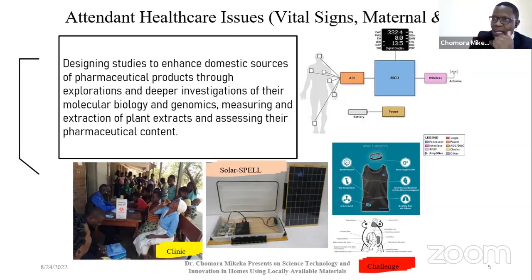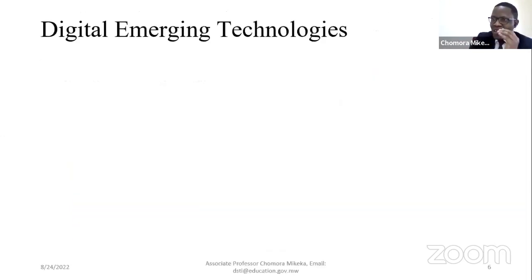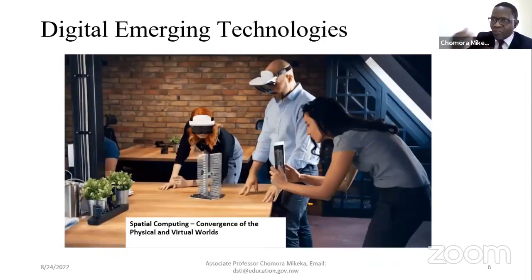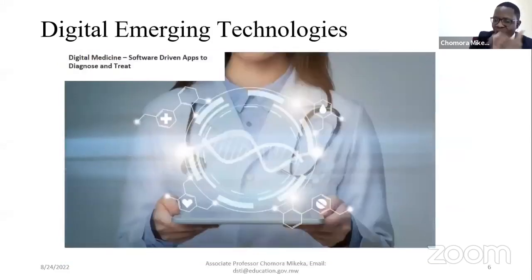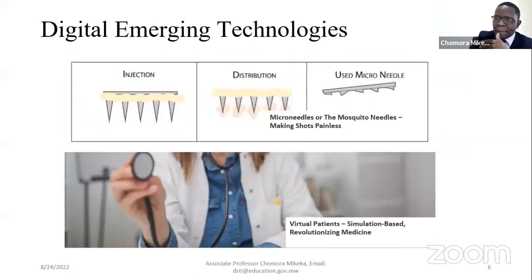Let's go next. Centers of excellence, specialization, like that. Let's go next. It's just for appreciation. The next slides. Please flip to the next slides just for appreciation to see what is in the digital imaging technologies, but we'd like to focus on the next slide because of time. Let's just move the slides. Let's move on.